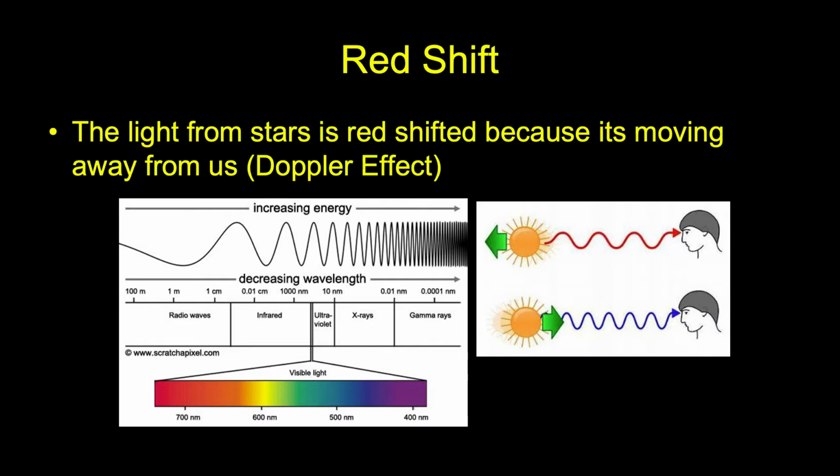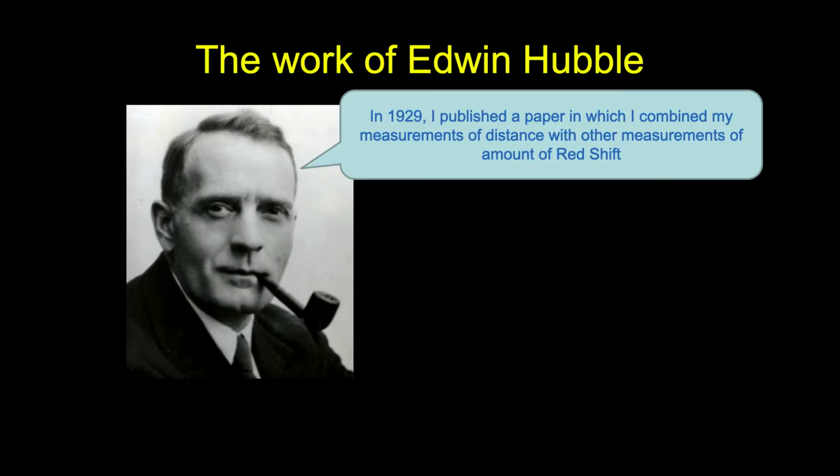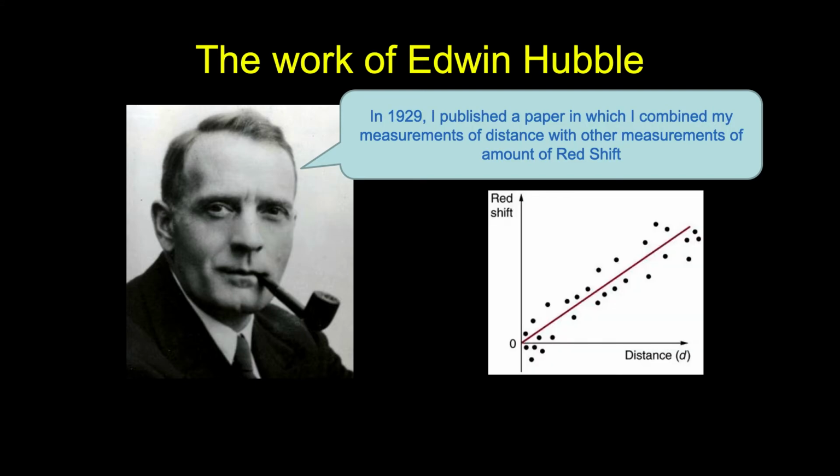So he discovered that the light from the stars is all shifted to the red part of the spectrum. It's got a longer wavelength than it should have, and distant stars are more red shifted. He published a paper in 1929 that combined all these measurements together. So here's a graph of the work that he published.